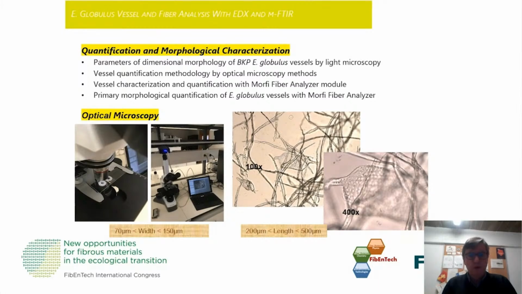In terms of optical microscopy, we have two pictures showing vessel and fibers with 100 times amplification and 400 times amplification, focusing on one specific globulus vessel. And on the left we have the equipment that was used.